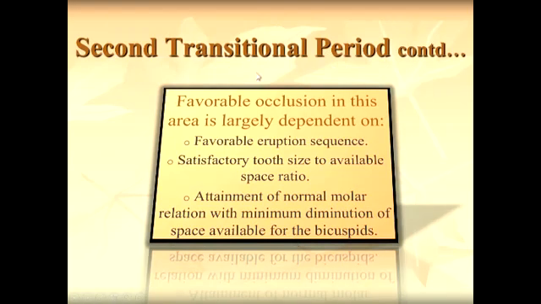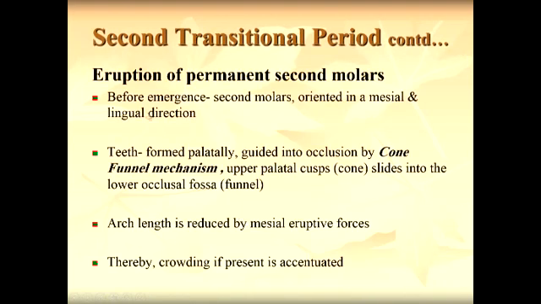Second transitional period. Favorable occlusion in this area is largely dependent on: 1. Favorable eruption sequence, satisfactory tooth size to available space ratio, and attainment of the normal molar relation with minimum diminution of the space available for the bicuspid premolar teeth.